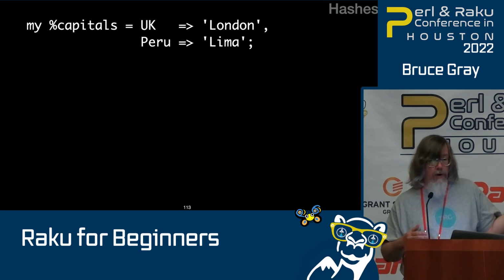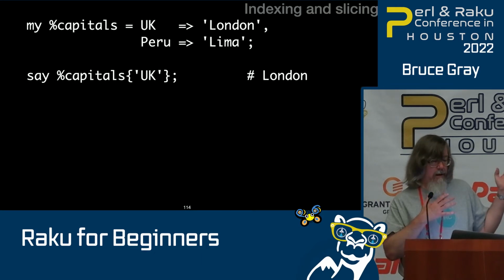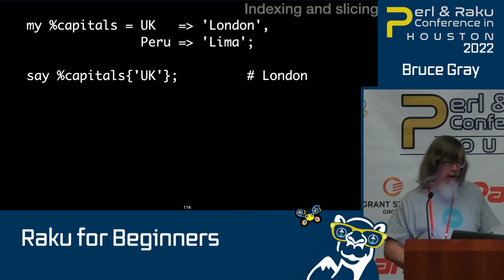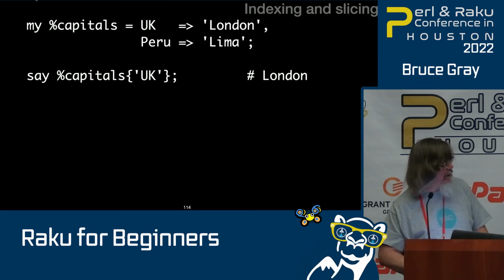How do we access part of a hash? Curly braces. Arrays, square brackets; hashes, curly braces. Few differences from Perl. Again, that percent sign stays invariant. It's actually part of the variable name.